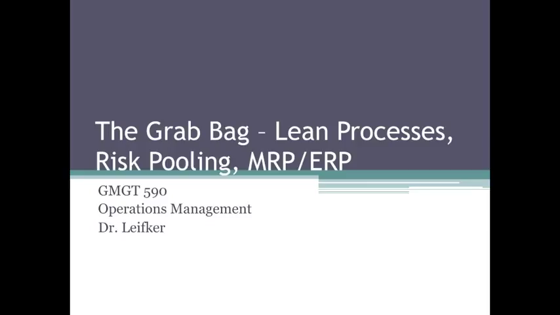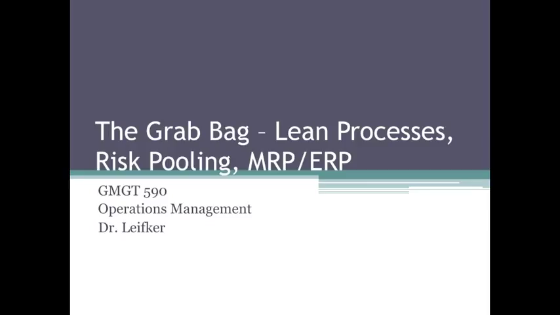What we're going to talk about this week is a smattering of several topics, various things that you may encounter when you're out in the real world, when you're out working in a business. What I want you to get is an understanding of what's going on, and in some cases of why it's going on.